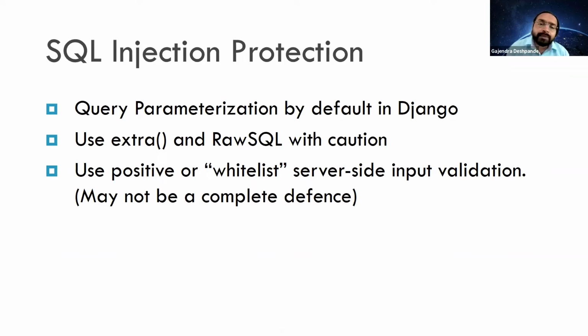But the problem is when you customize it, when you add a third party plugin, a third party component, or when you use third party themes, at that point of time your application becomes vulnerable. Then whenever you are using extra or raw SQL, you have to use it with caution because it allows you to write custom queries and it's a risk here.